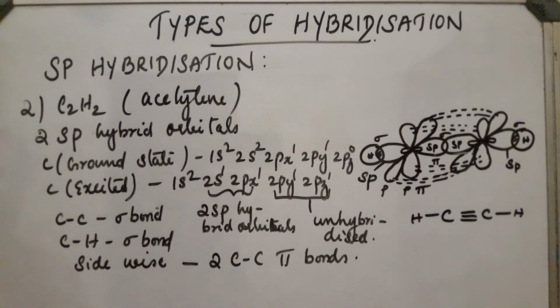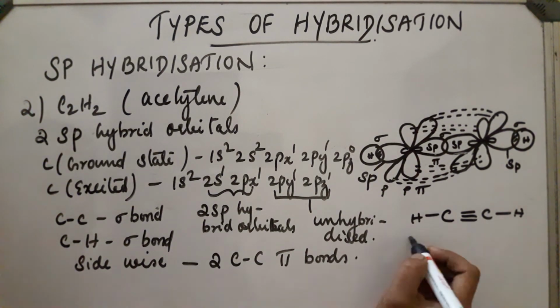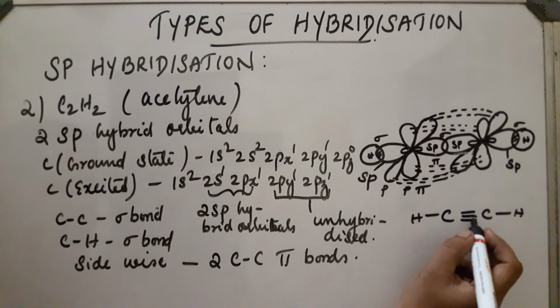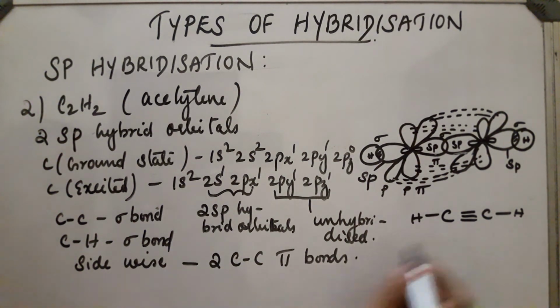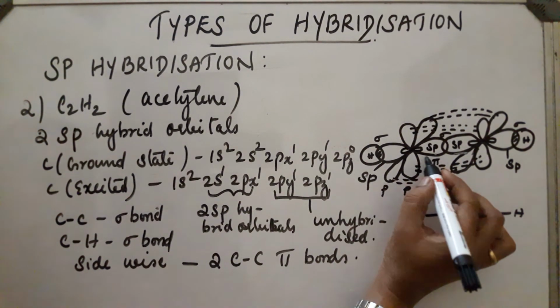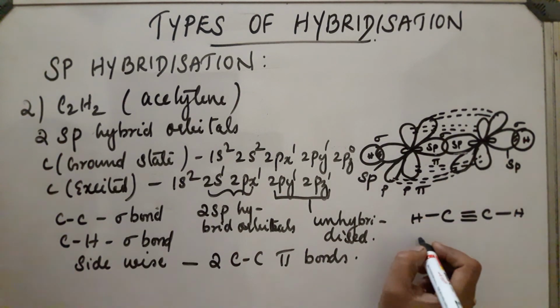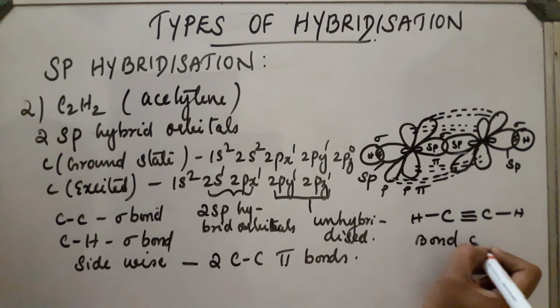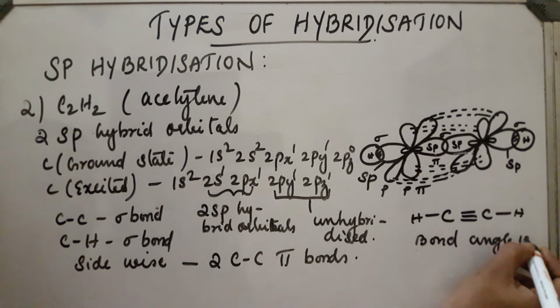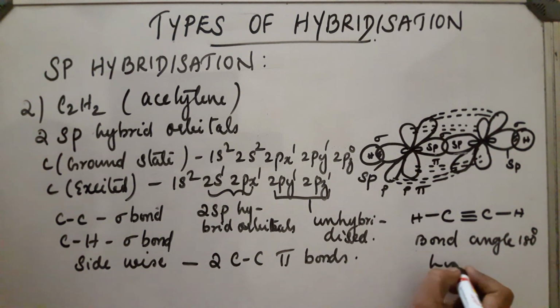So this will be the structure like this. The triple bond represents one C-C sigma bond and two pi bonds. In the acetylene molecule, the angle between them is 180 degrees, so the bond angle is 180 and the molecule is linear in shape. This will be the structure of acetylene.